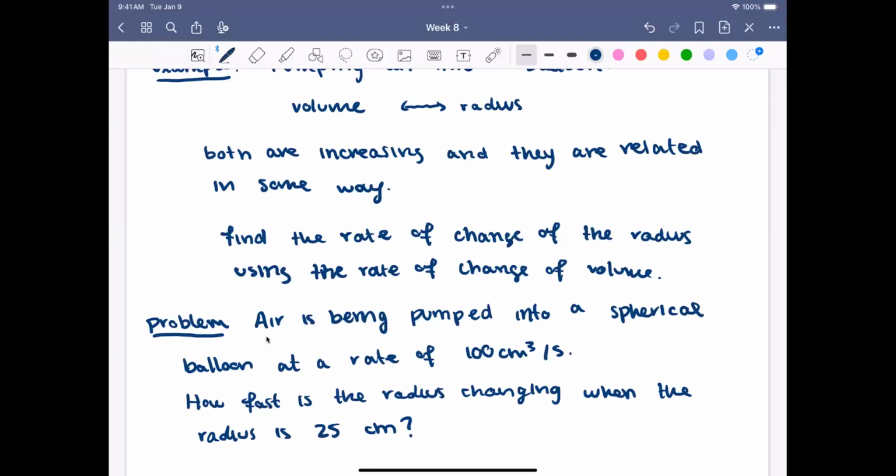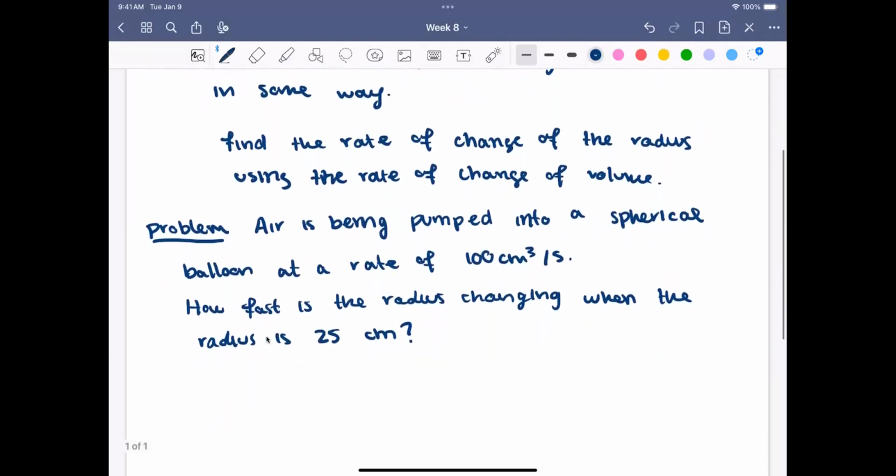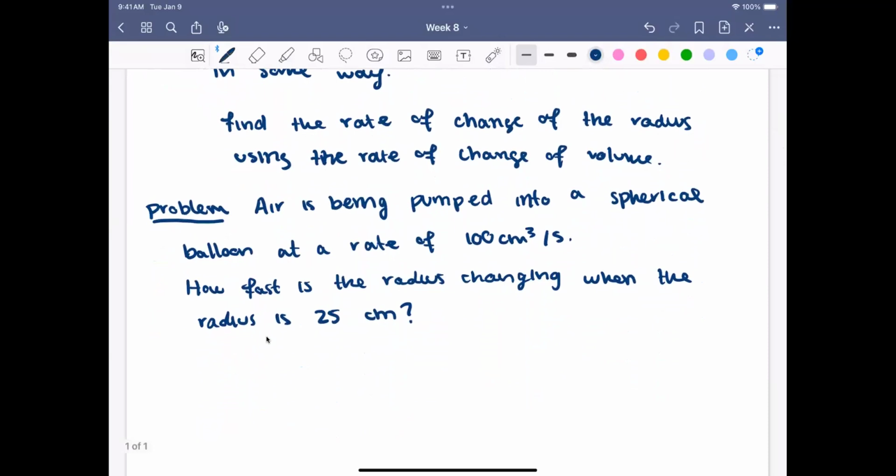That will give us an equation that relates the rates of change of the volume and the radius. The key idea here is that the derivatives are the rates of change of these quantities. So I'm going to give you some steps to work through these problems.